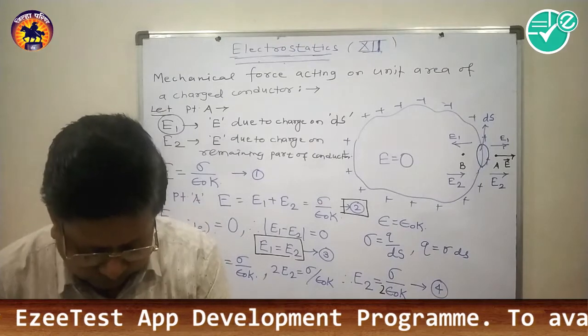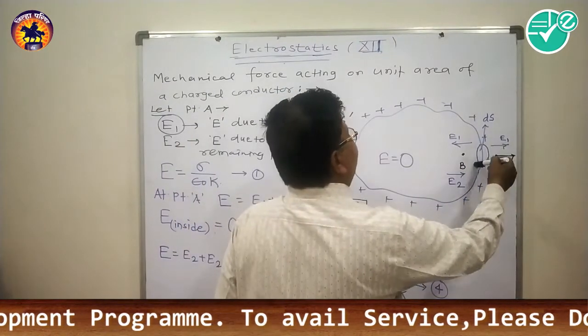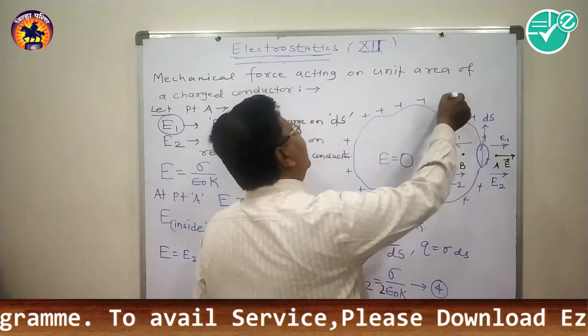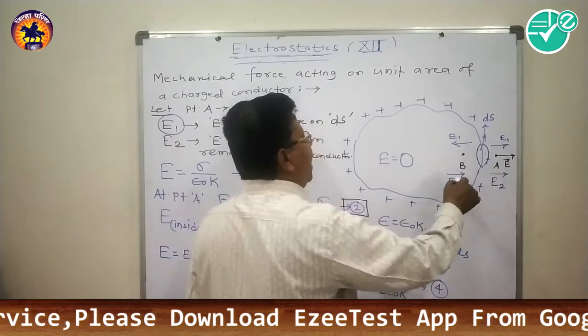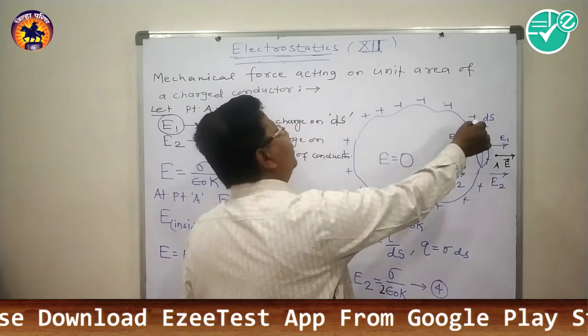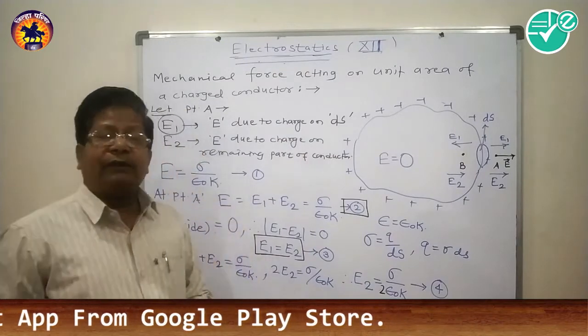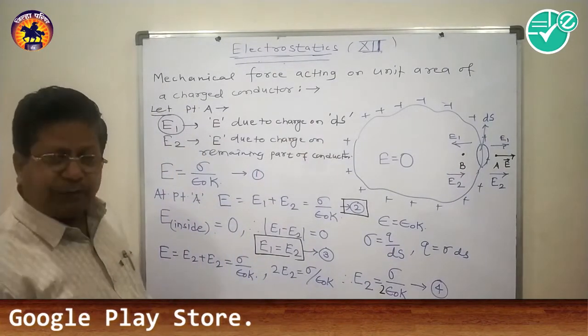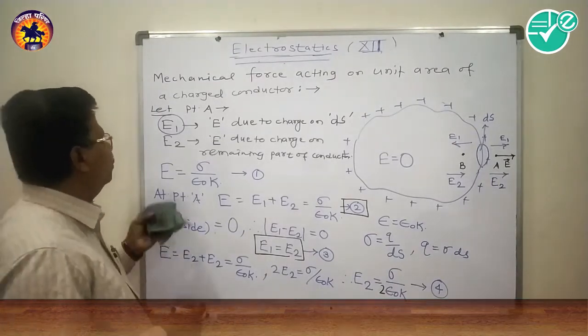Now the area ds is in the electric field which is produced by the charges on the remaining part of the charged conductor. That means ds is in the electric field of E2.